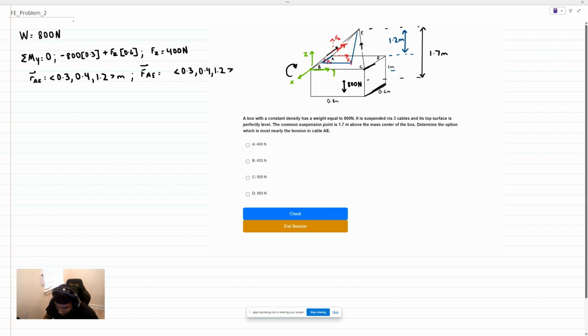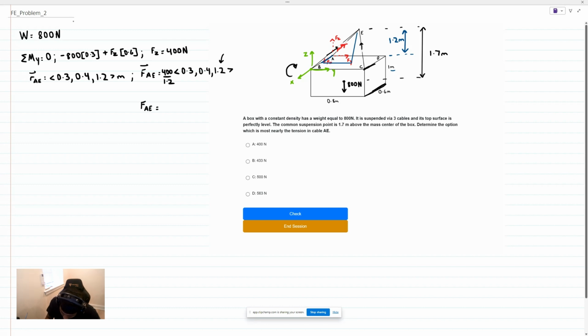The scaling that we have to perform is one that would allow this Z component to be equal to 400 newtons. If we multiply by the ratio of 400 divided by 1.2, we know that we'll be able to scale it up such that the Z component of that force will be equal to 400 newtons. We're not interested in finding the X, Y, and Z components of that force. All we're interested in is the magnitude, the tension in that cable.